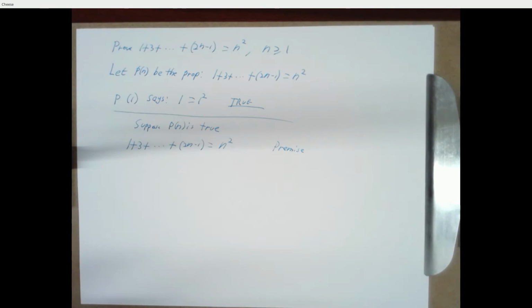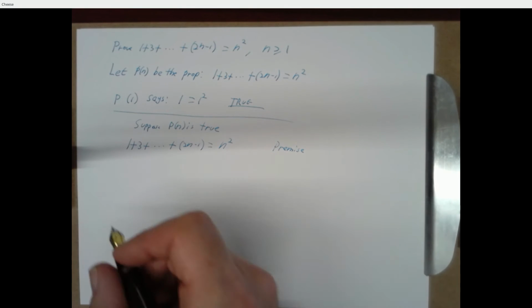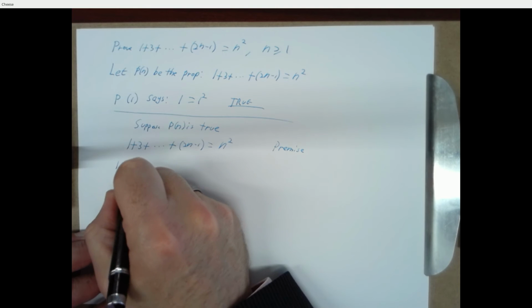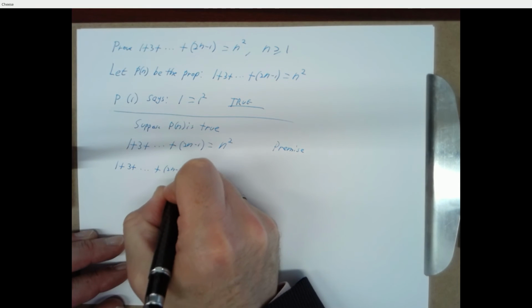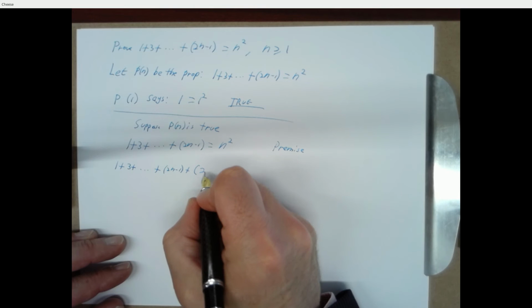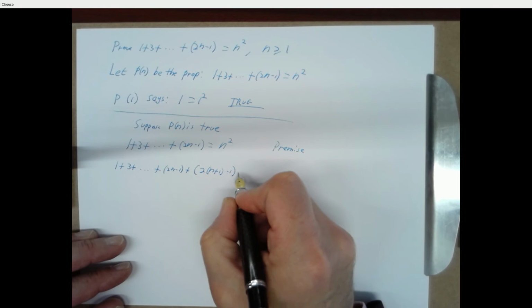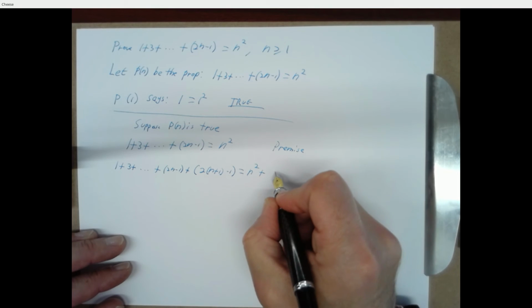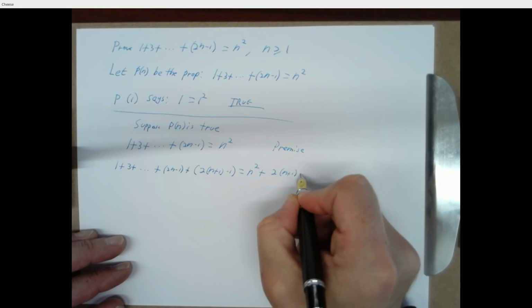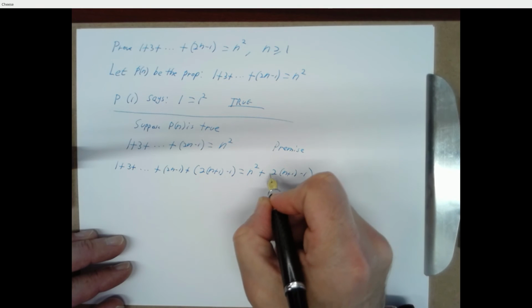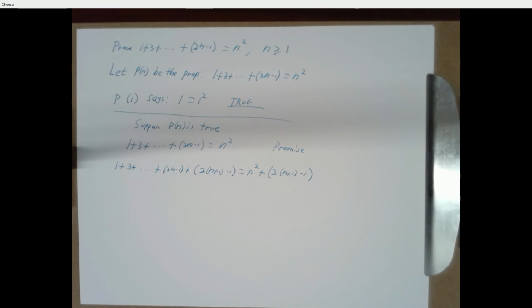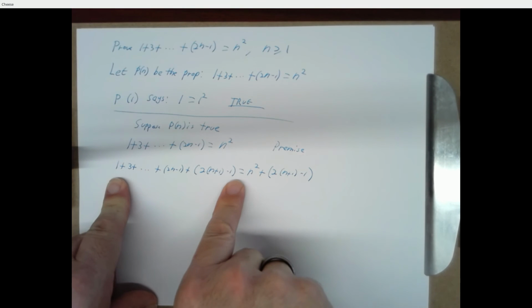Then we know that this is true. That's just what P(n) says. And there's an ignore section that I'm not showing here, where I would probably write out what P(n+1) says, and it would say that this thing should be equal to (n+1) squared.